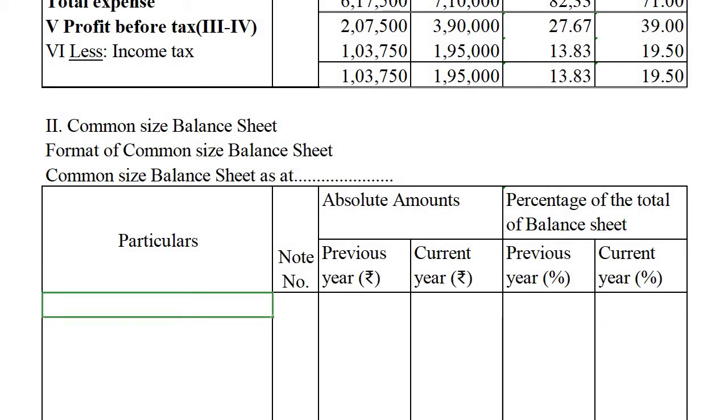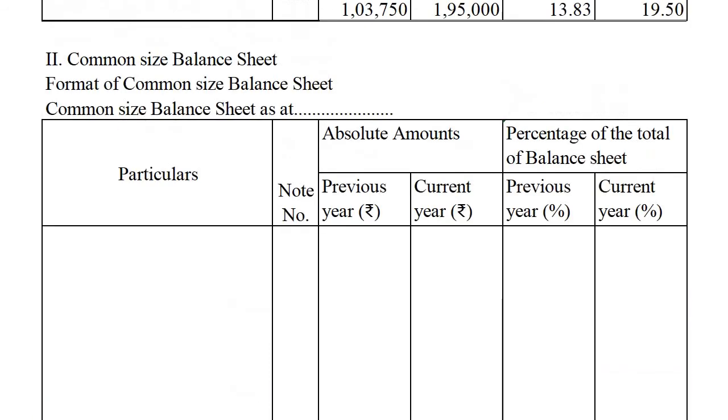First item is equity and liabilities. Before that, here is the total. Total of current year will be taken as 100 and total of previous year also will be taken as 100. So that is the thing.